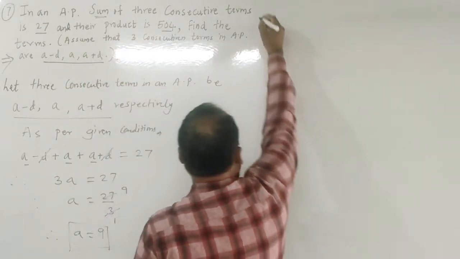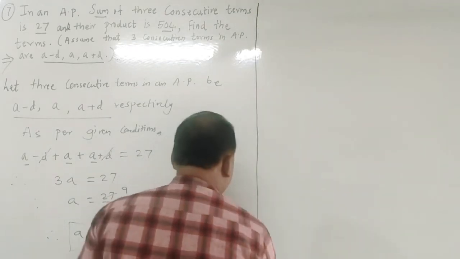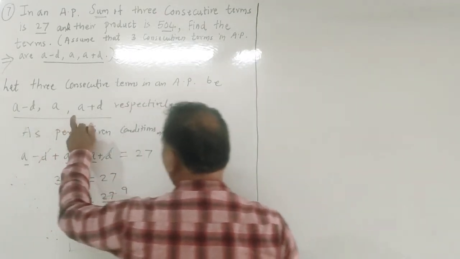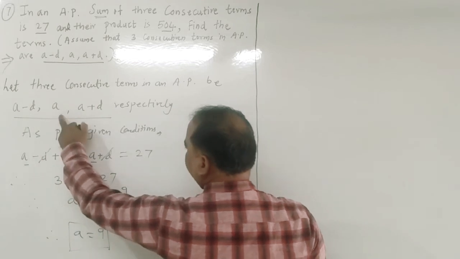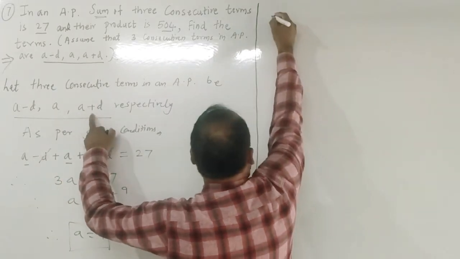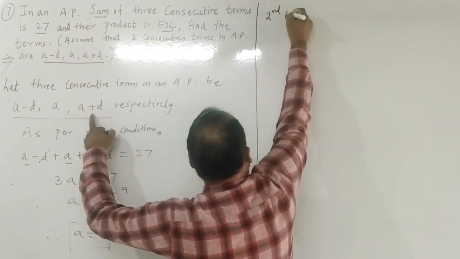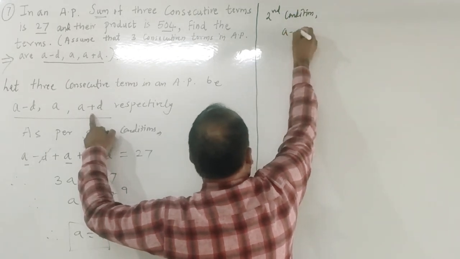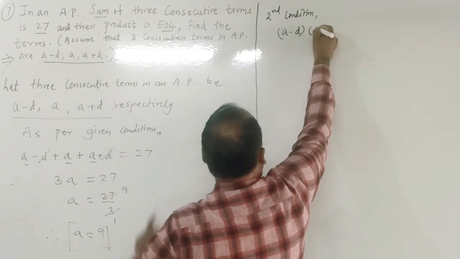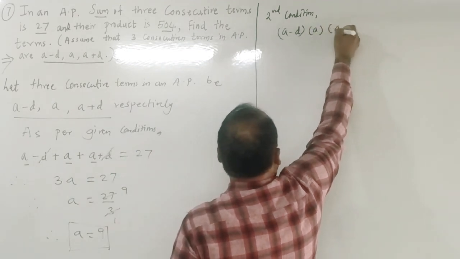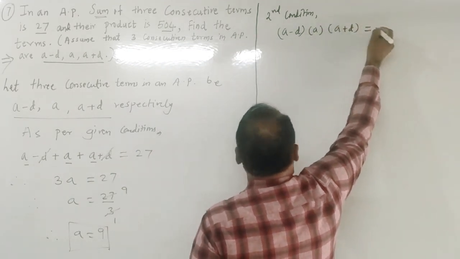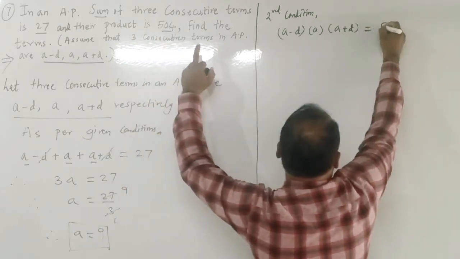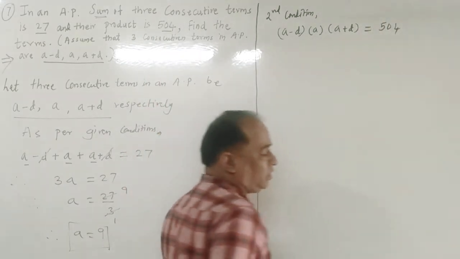their product of these three consecutive terms, a into a minus d into a plus d. So second condition is product: a into (a minus d) into (a plus d) is equal to 504.